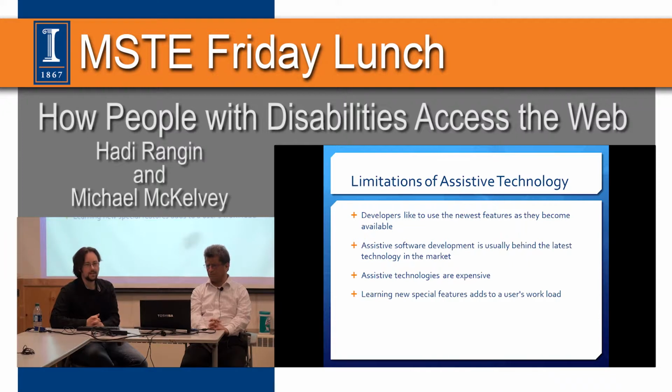All right. Just a couple of comments on assistive technologies out there, for example, screen readers and Braille displays. A lot of times the latest and greatest features of, say, HTML or CSS, various web technologies, take a little time for the assistive technologies to catch up and actually implement the ability to understand and process these things.